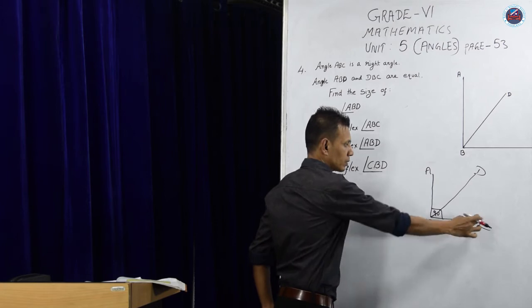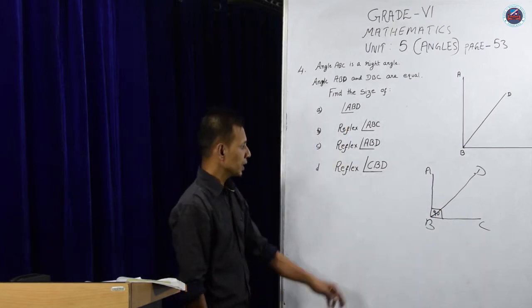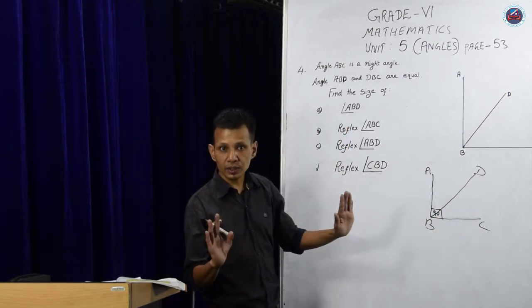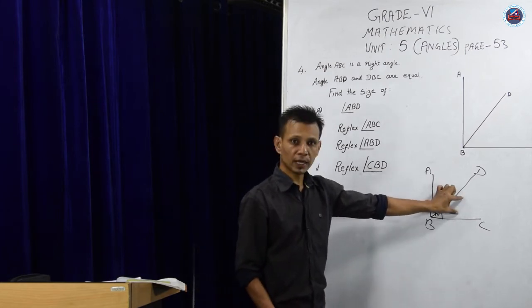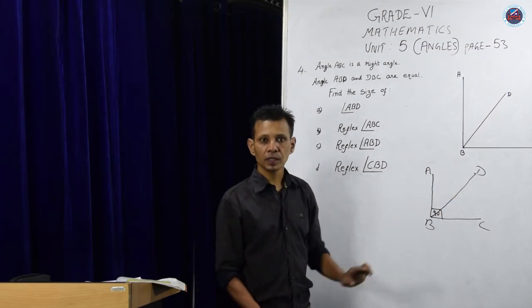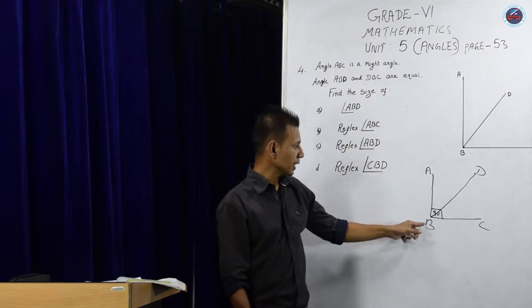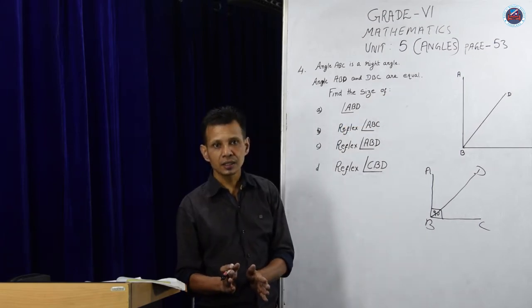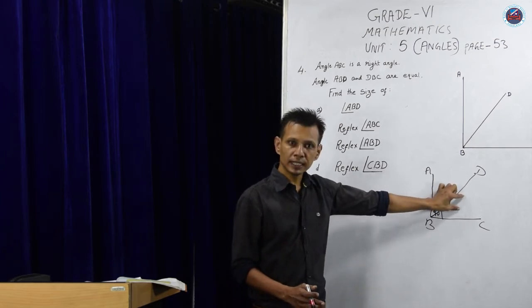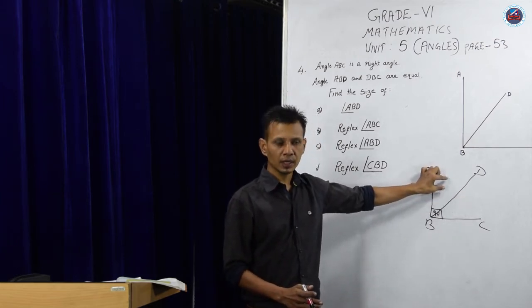And ABC becomes 90. You got my points? If ABC is 100 degrees, obviously this will become 50 degrees, 50 degrees, because they are equal. If, for example, ABC is 60 degrees, then this will become 30 degrees, 30 degrees.